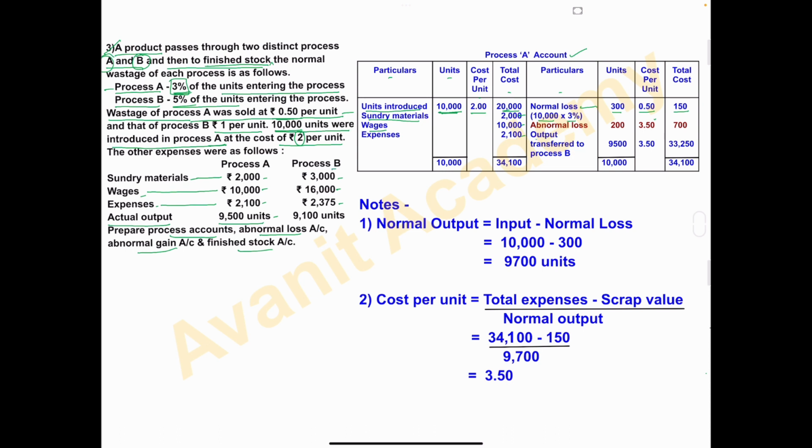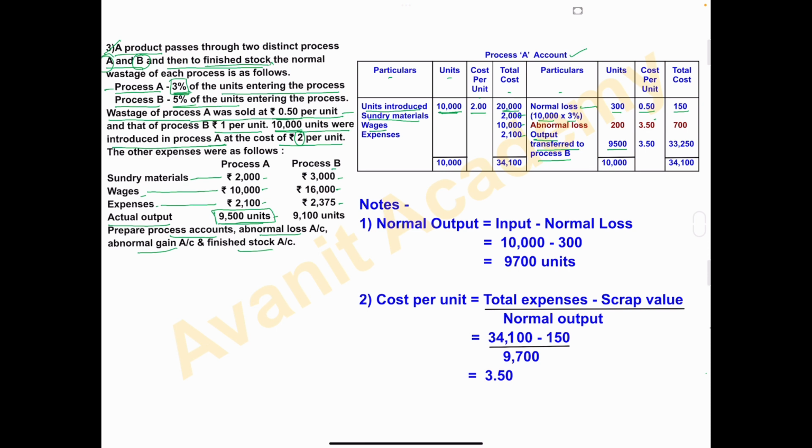So we'll write here output transferred to process B, quantity is provided in the question, that is 9,500 units. So we'll write here 9,500 in units column. Amount, cost per unit, they have not mentioned here, that we have to calculate.